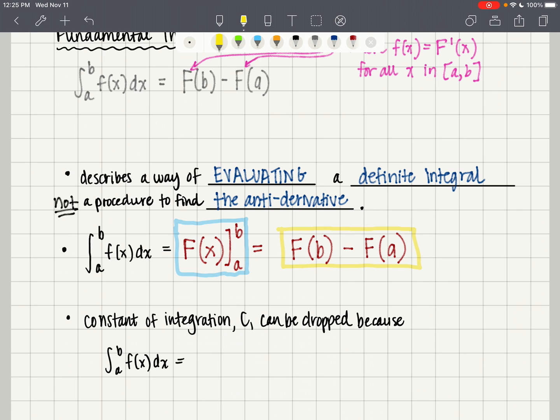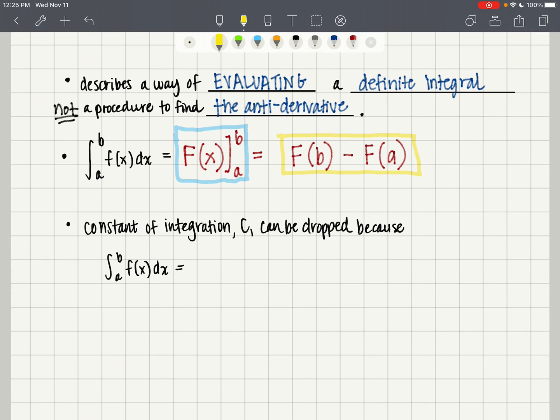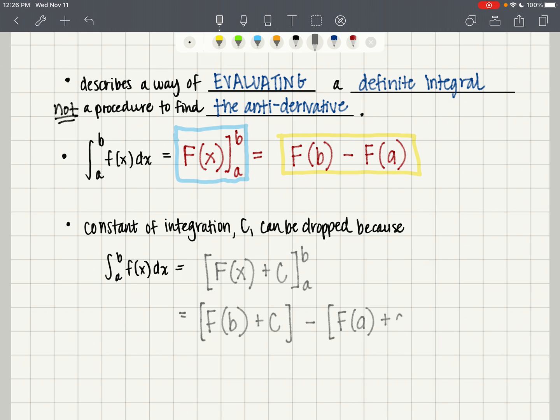The fundamental theorem of calculus also says the constant of integration c can be dropped because this part is cool. Because let's take that capital F of x plus c, right? Notice how we didn't have the plus c where I wrote it in red. F of x plus c evaluated from a to b is equal to F of b plus c minus F of a plus c.